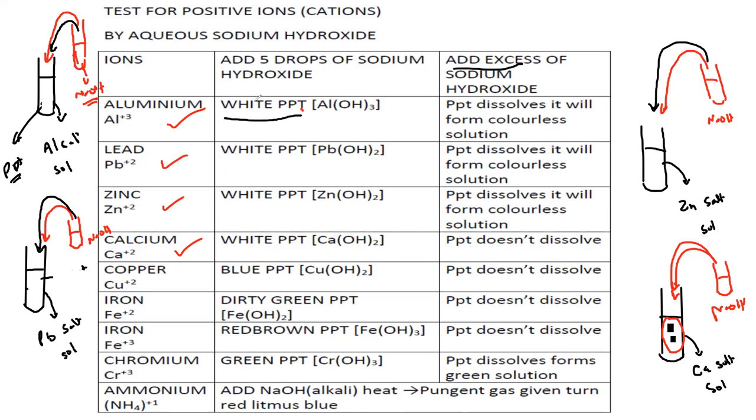They can provide the observation, mentioning a white precipitate is formed which dissolves in excess, and ask what could be the positive ion? In that case, you can mention it can be lead, aluminium, or zinc. But if there is a white precipitate which does not dissolve in excess of sodium hydroxide, this confirms the presence of calcium.